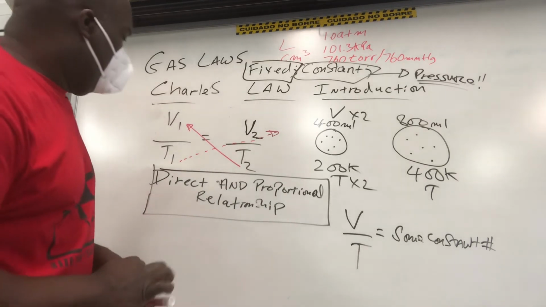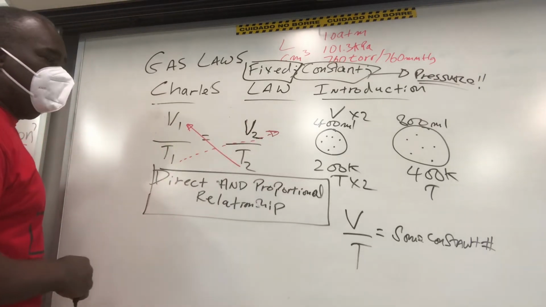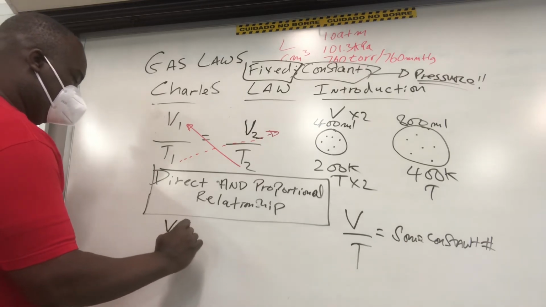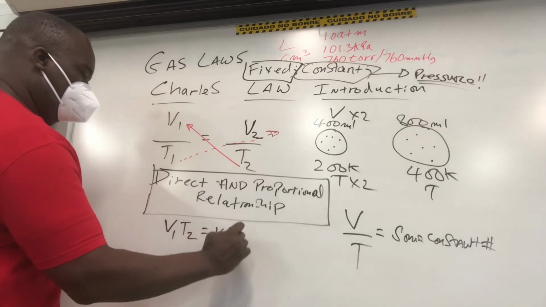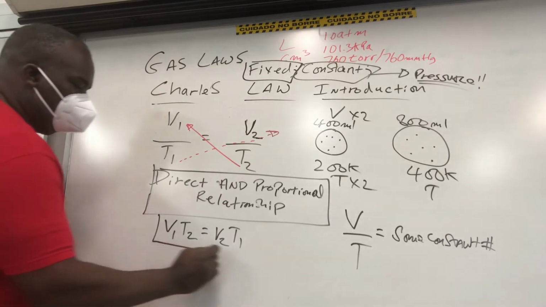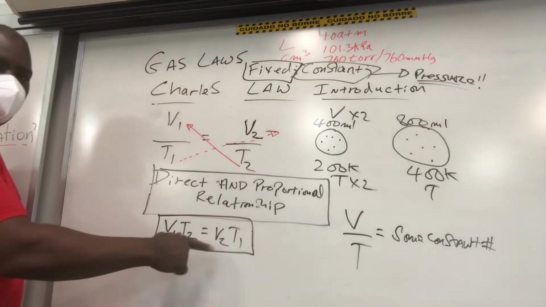So what do I mean? When we crisscross or cross multiply the temperatures, we will get V1 T2 equals V2 T1. So after we cross multiply temperatures, we will use this later on when we're doing our calculations this way right here.